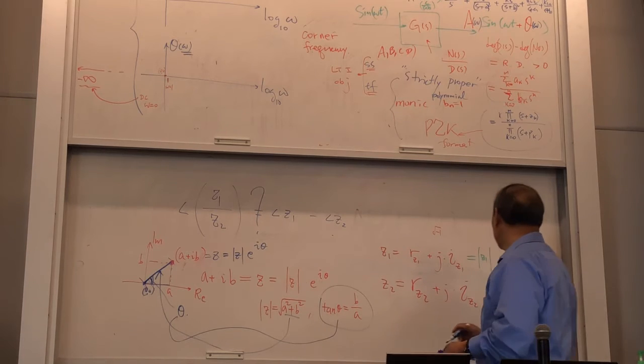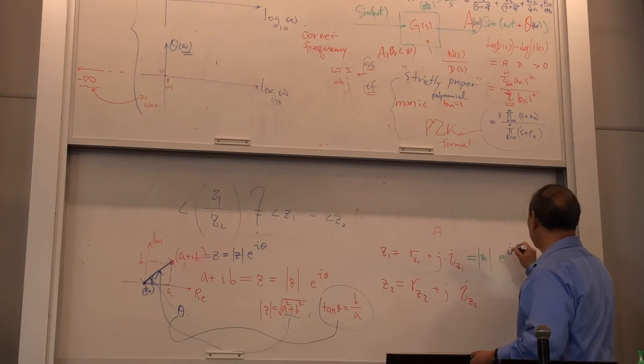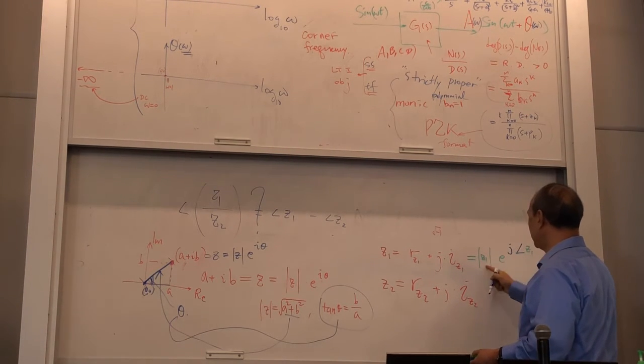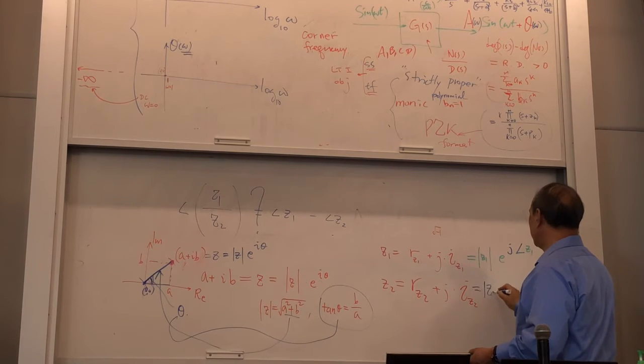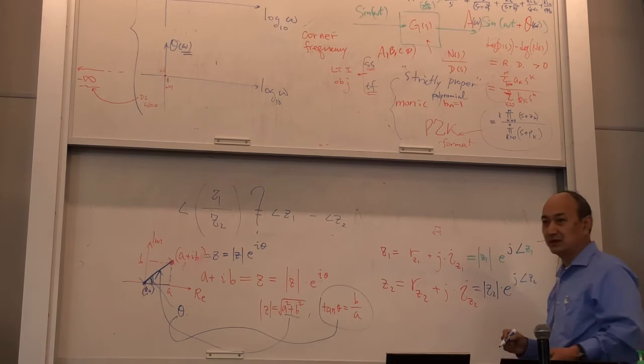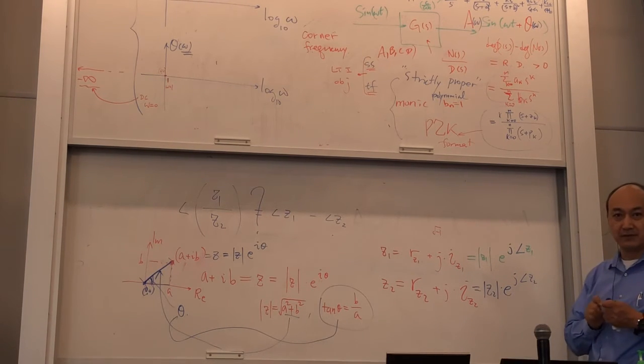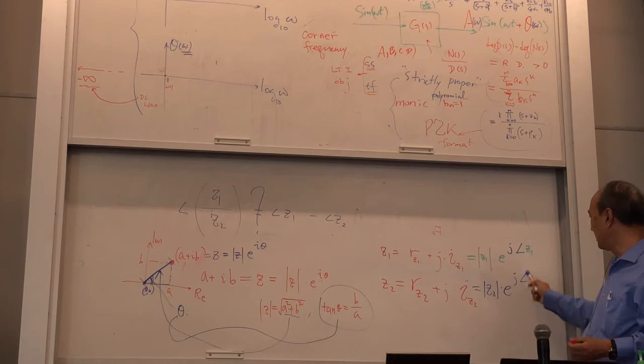Then we can write, this is the theta, this is the magnitude, so this is magnitude of Z2 times e to the j, angle of Z2, right? So it's theta 1, theta 2.